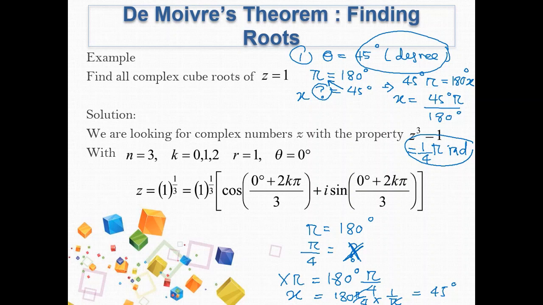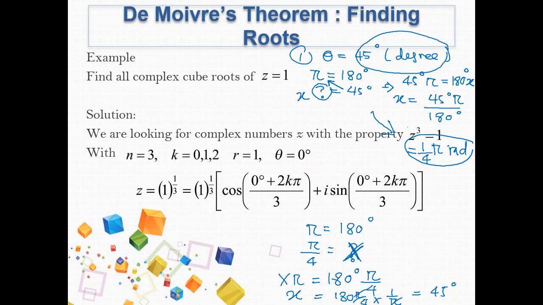But still you can interchange. If you have theta in degree and you want to use the second formula, which is in radian, you just convert to here, and vice versa. So this is how you convert your unit from degree to radian, and radian to degree.